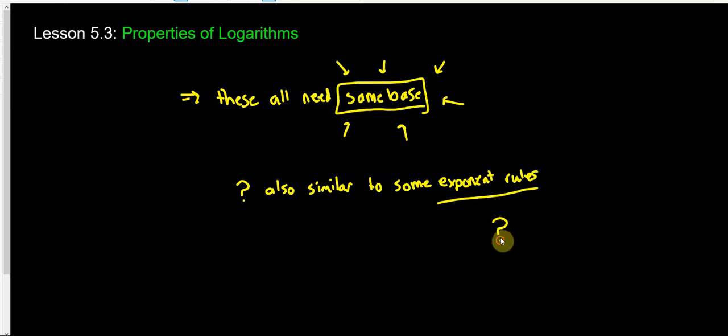Could anybody think of why? Oh yeah, logarithmic functions are just inverse functions of exponential functions. It's kind of the backwards of exponential functions. So that's interesting. It'll have some similar rules. So let's dive into these properties. I have three of them.